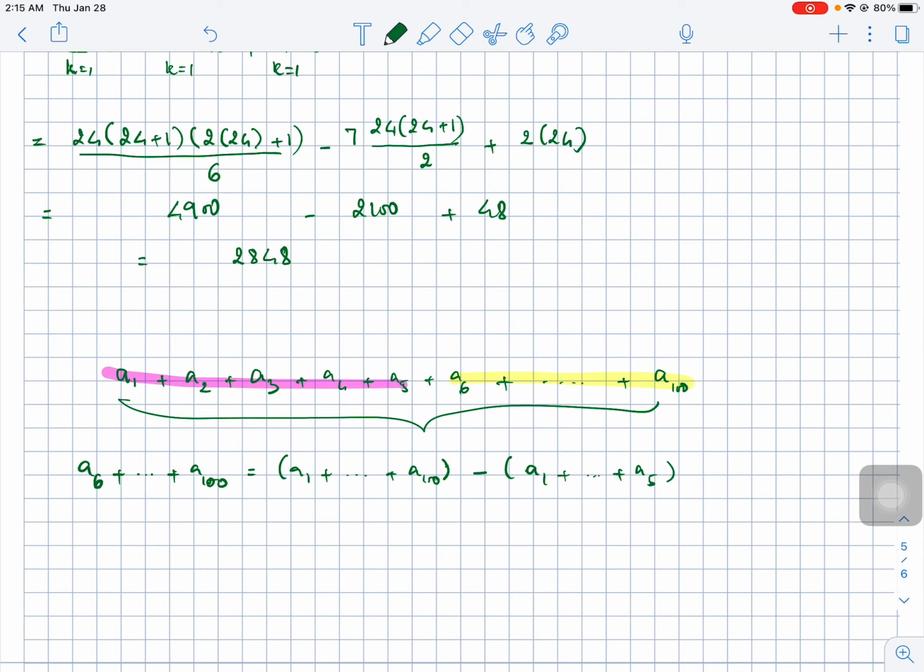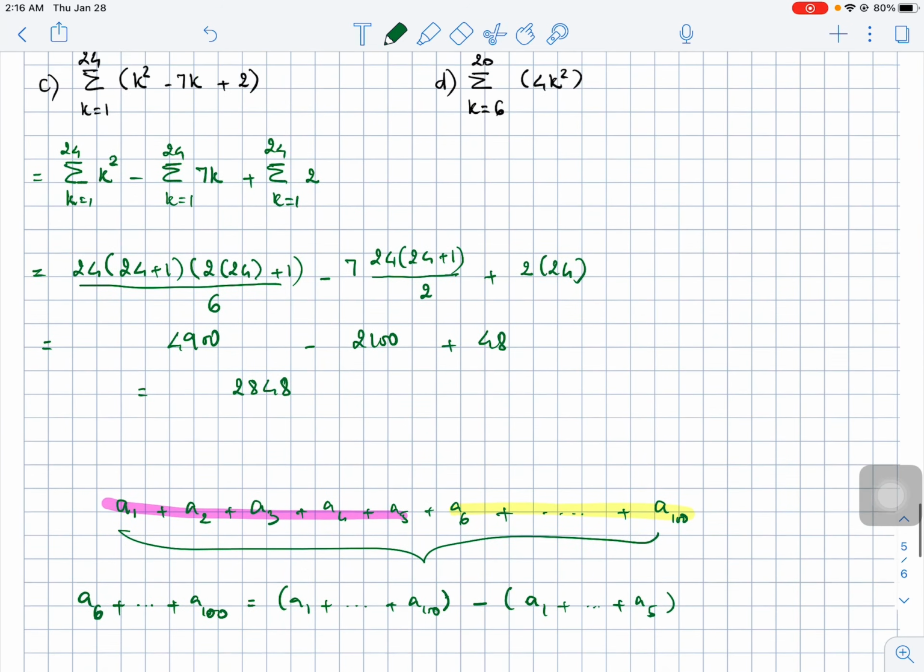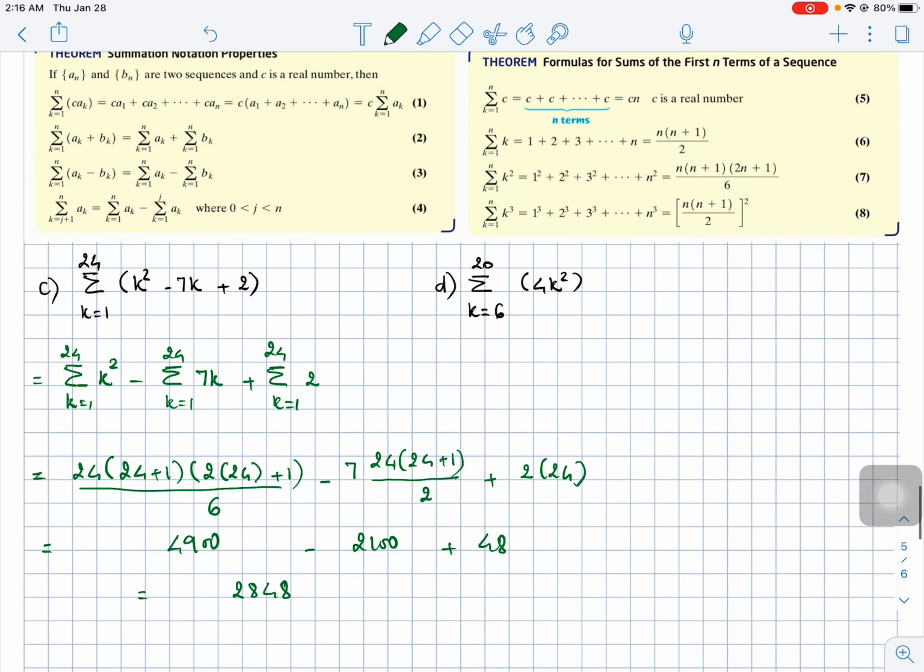Okay, because A1 to A5 plus A6 to A100, you get the whole thing. So if you want to get A6 to A100, the yellow, we will get the whole thing minus the pink. So the formula is number 4.